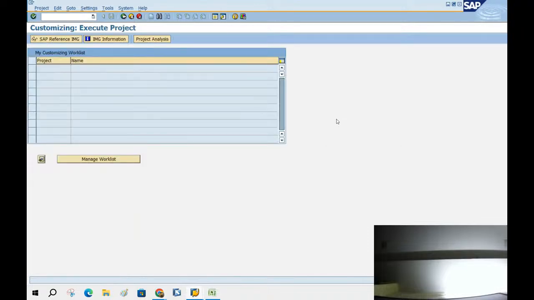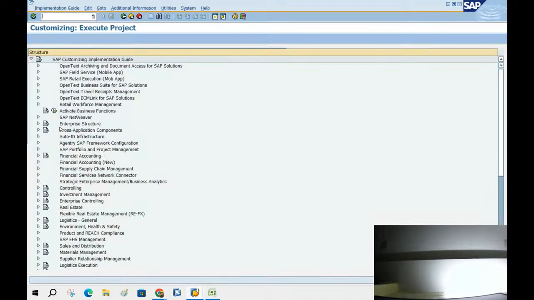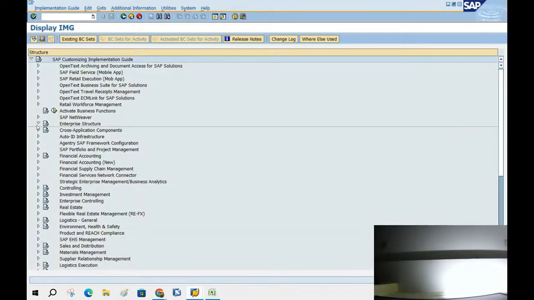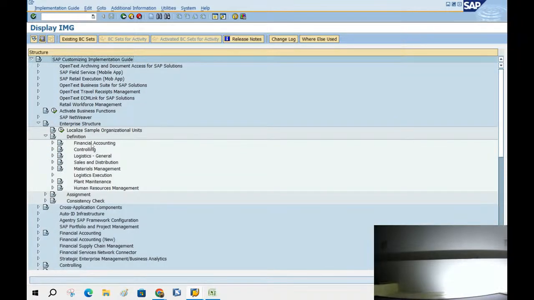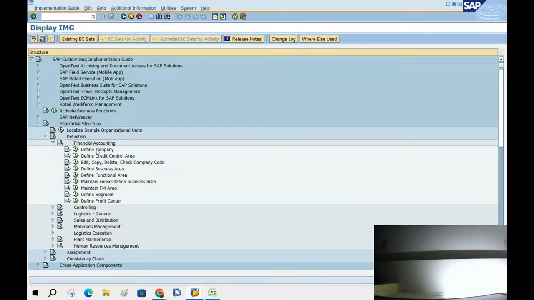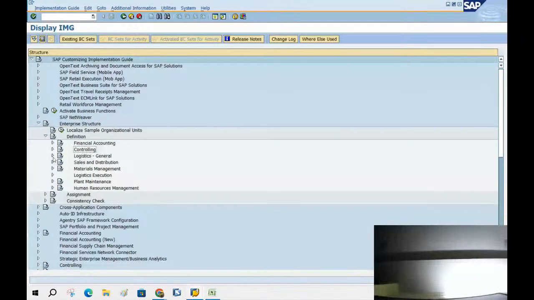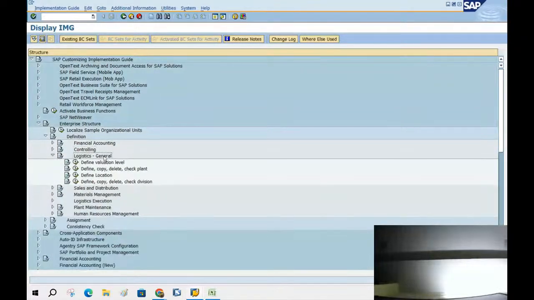SPRO. I go here, enterprise structure. I'm going to create enterprise structure definition. As I told you, two are in financial accounting, the company code. Two are going to be in logistics general, that is nothing but your plant and division.